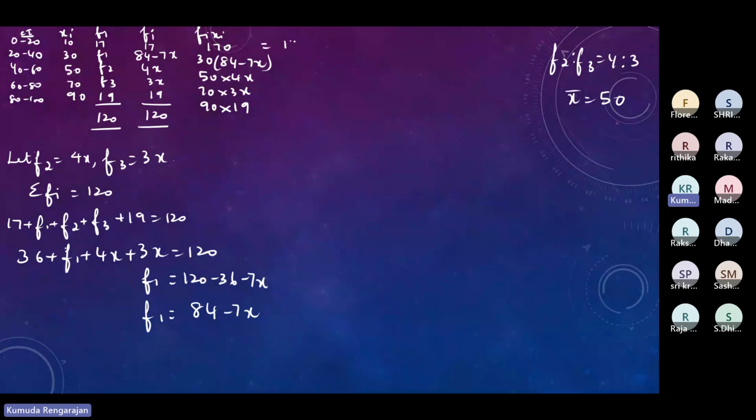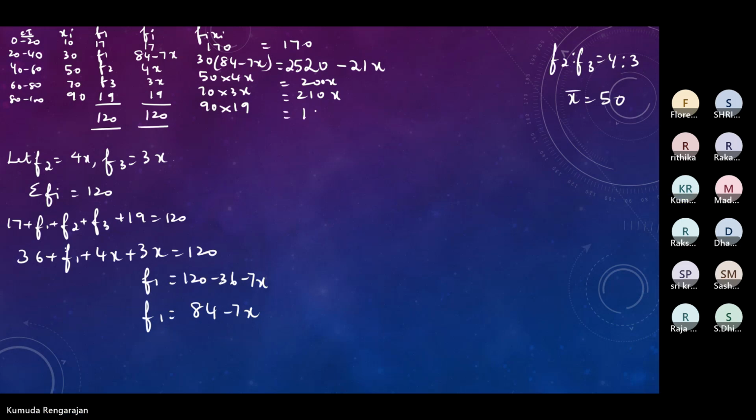So 170, 2520 minus 210x, 200x, oh sorry, 210x, 1710.